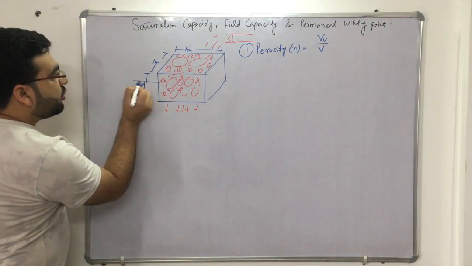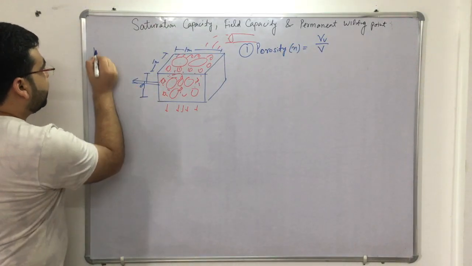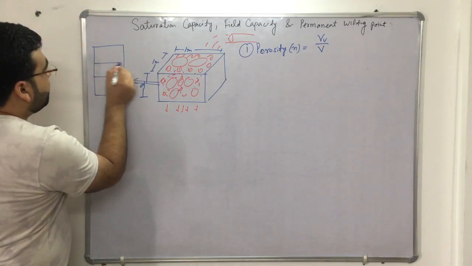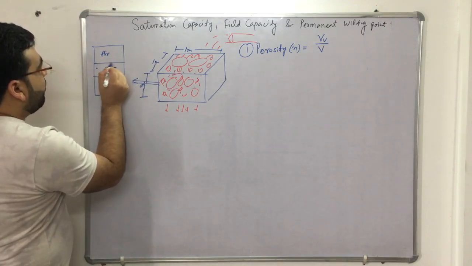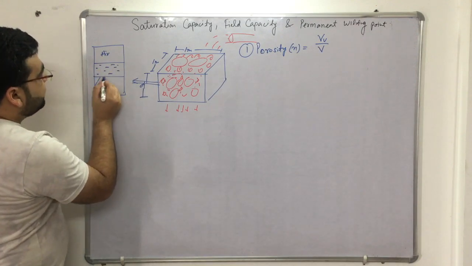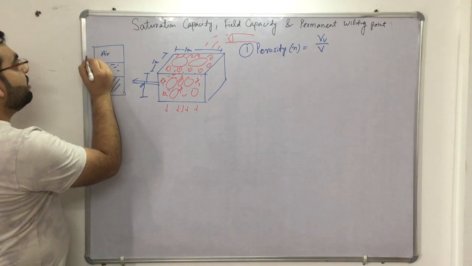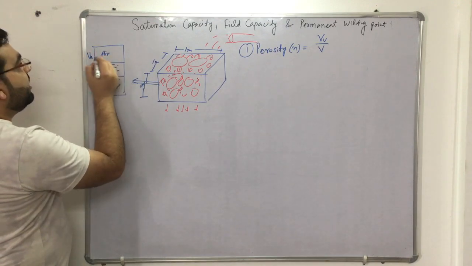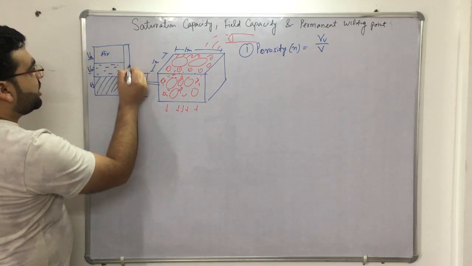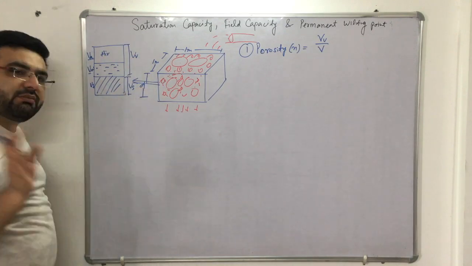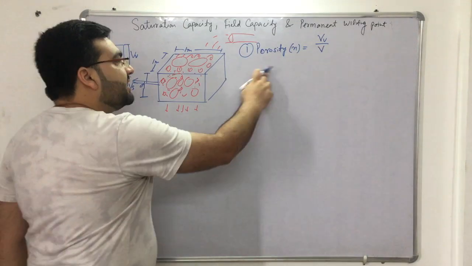Now I can also draw this sample as the three-phase system, which you have already done in geotechnical engineering. This is your air, this is your water, and this is your volume of solids. Volume of air plus volume of water is known as volume of voids. Clear? Now this is porosity.